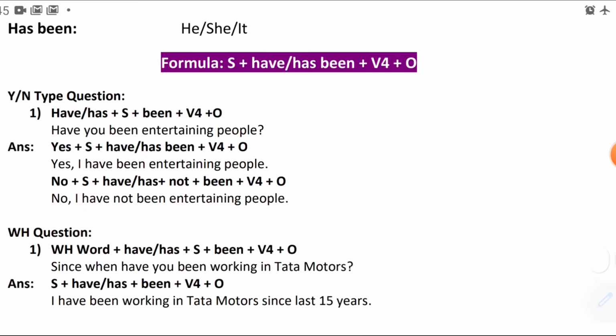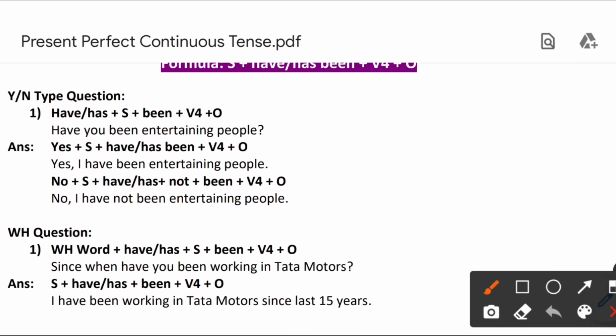Then the WH question is: WH word plus have or has plus subject plus been plus V4 plus object. Here you can notice the formula of the yes-no type question is copied as it is in the WH question, right?